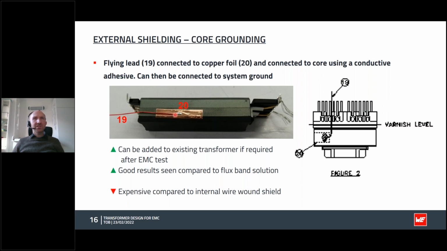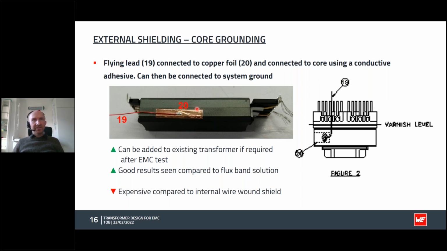We glue that onto the bare core, and then we attach a lead to that and attach that to, again, a quiet point in the circuit, a ground, maybe VBus, some voltage that's stable. That grounds the core, which is normally floating, and that can have very good results for both conducted and radiated emissions, and can be added after the transformer has been designed.